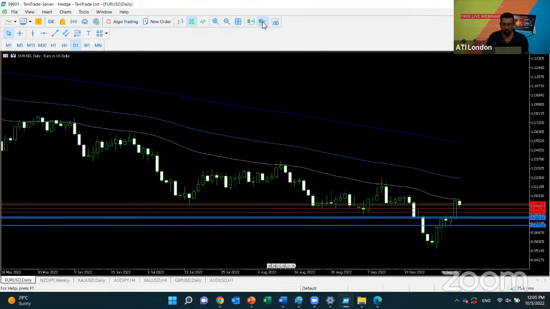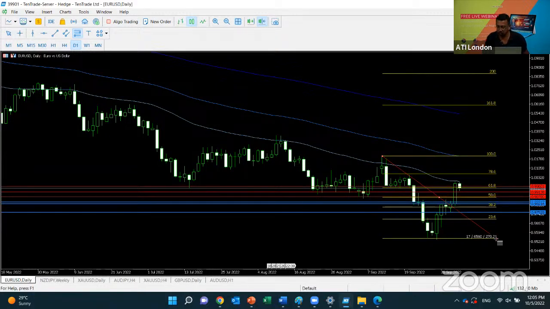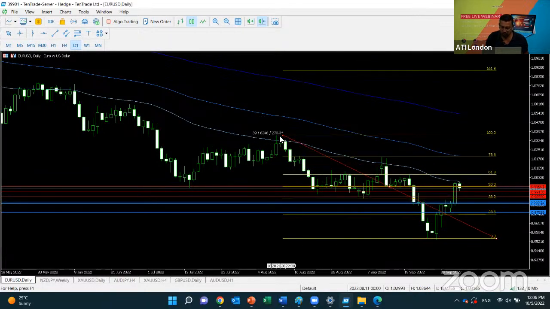So maybe have the consideration of drawing an ABCD pattern with your A point right here, B, and projected C point. Now on the Fibonacci side of it, it's close to, I think it's in between 61.8 and 78.6. If I move it down here to this area, it's not really a nice one.